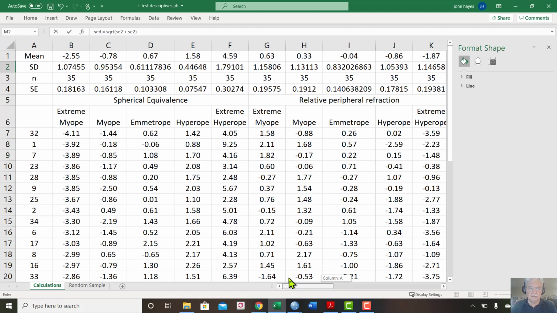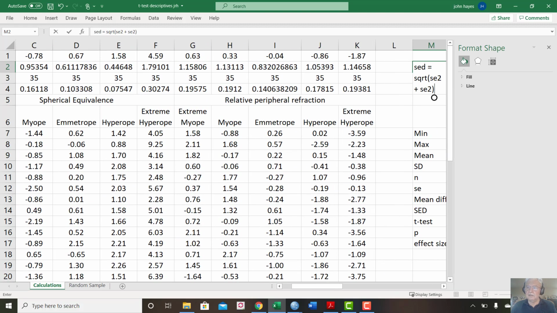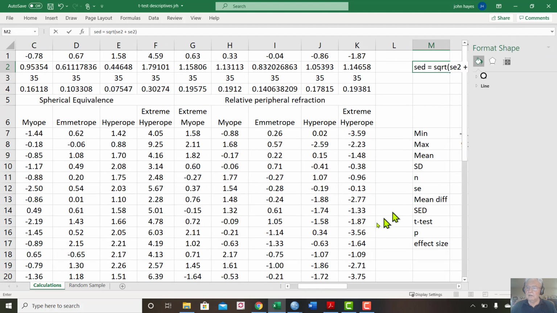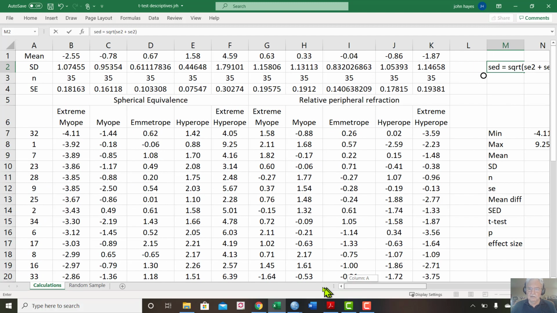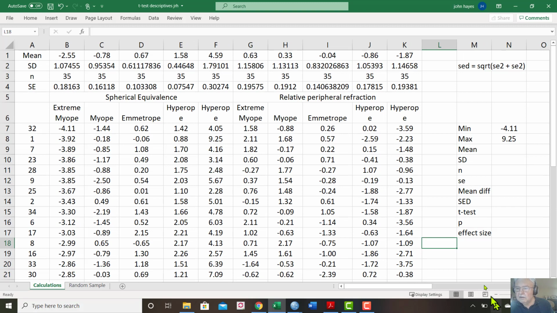Okay, let's make this just a tad smaller. Now, what are we going to do a difference of?